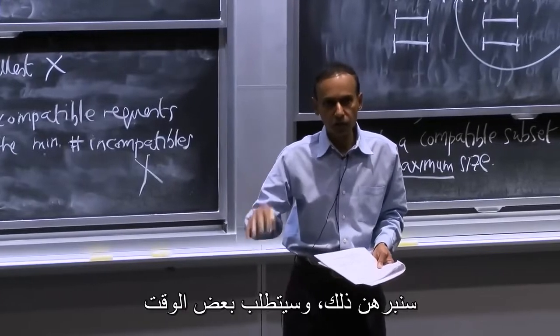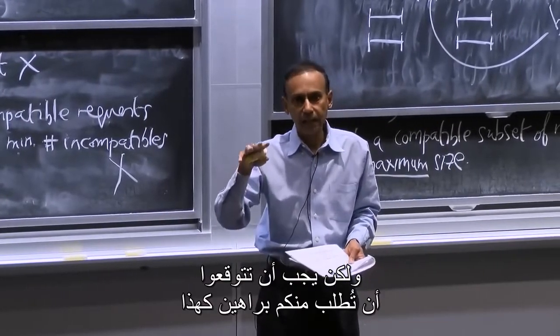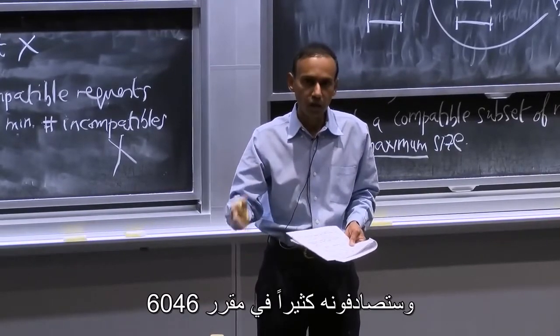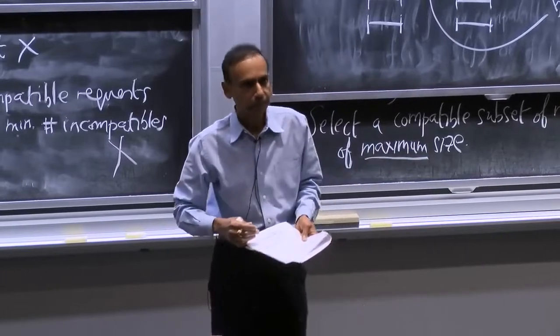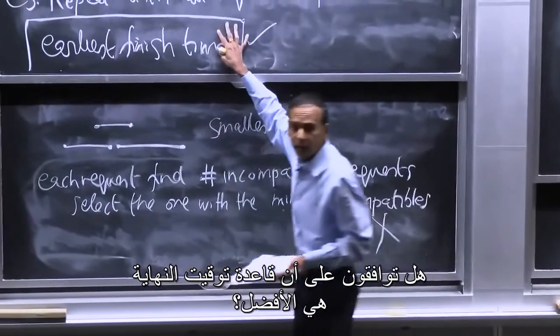Okay? And we're going to do that. It's going to take us a little bit of time, but that's the kind of thing you will be expected to do, and you'll see a lot of it in 6.046. Okay? So everyone by earliest finish time?